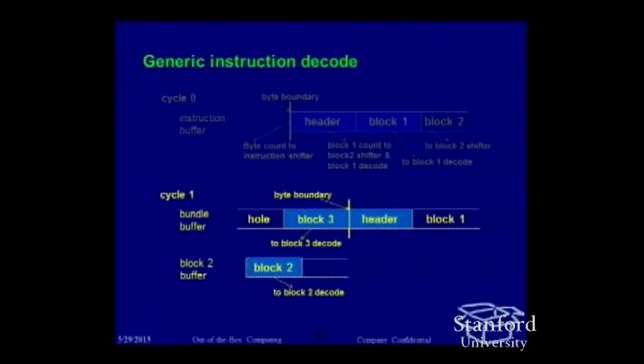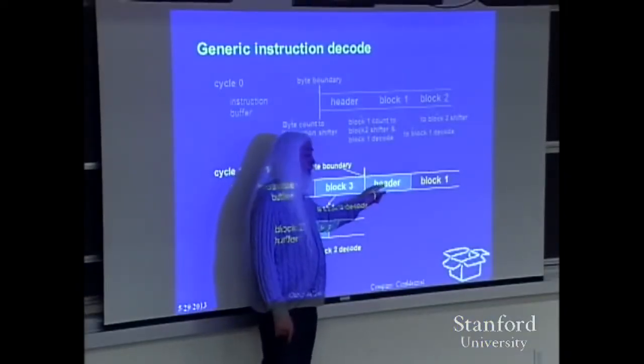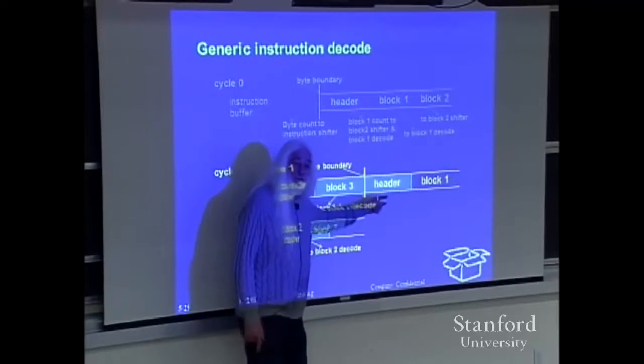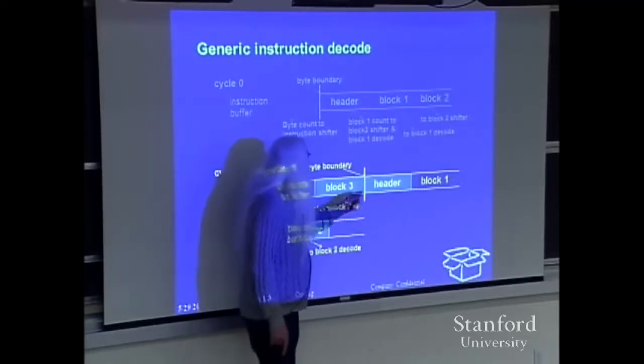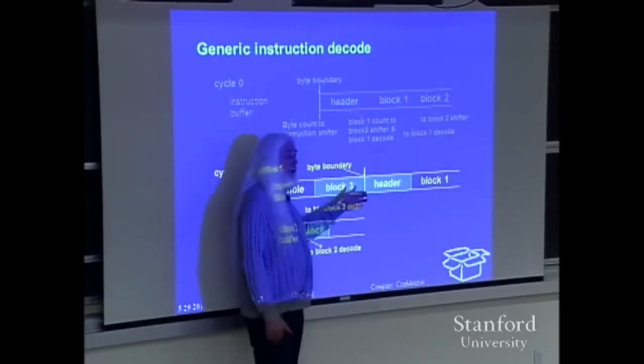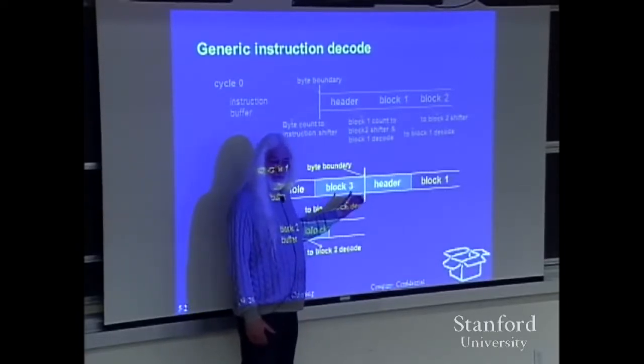The whole bundle shifter shifted our whole bundle over. But if you stop and think about it, this is the header of the following bundle. If the header is left aligned in the bundle buffer, then necessarily the end of the previous instruction is right aligned in the bundle buffer.